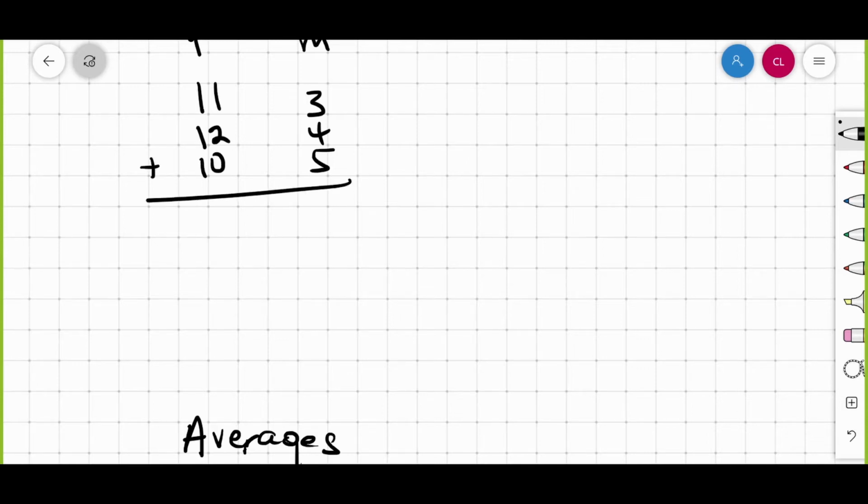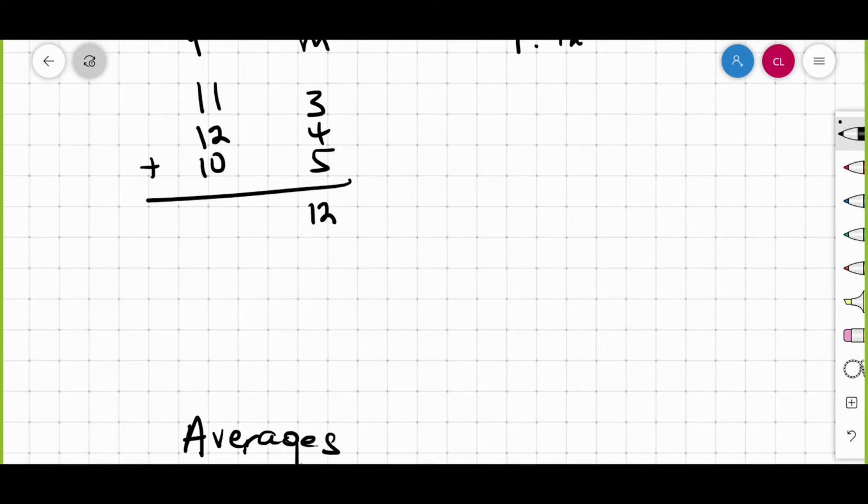Let's add these together. Now 5 and 4 would be what? 9. And 9 and 3 would be what? 12. Okay, so if I have 12 months, what's the ratio of months to year? 1 year is the same as what? 12 months.